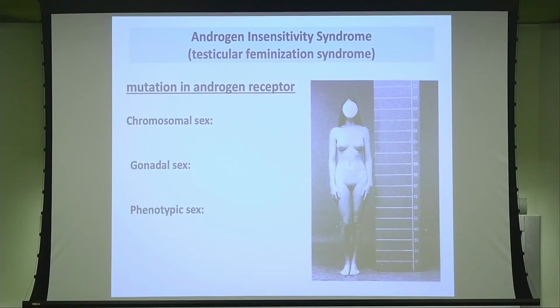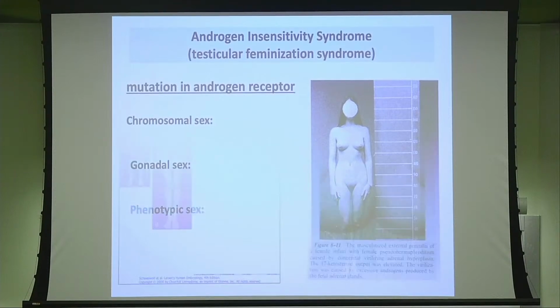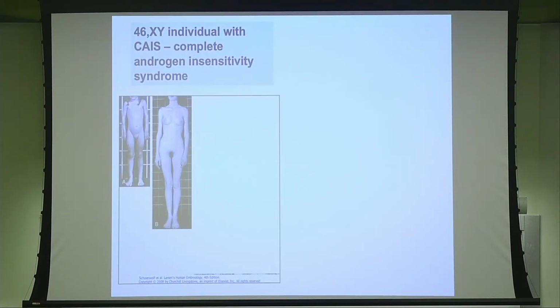So this is an individual that has complete androgen insensitivity syndrome. That means the androgen receptor is mutated and it's not working. It might as well not be there. Now, I'll already help you out a little bit, because we already saw from this slide, what are the sex chromosomes of this individual?